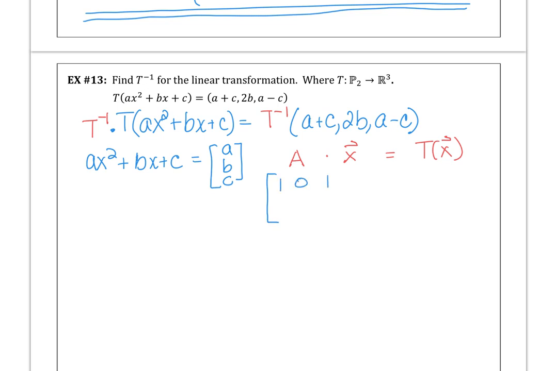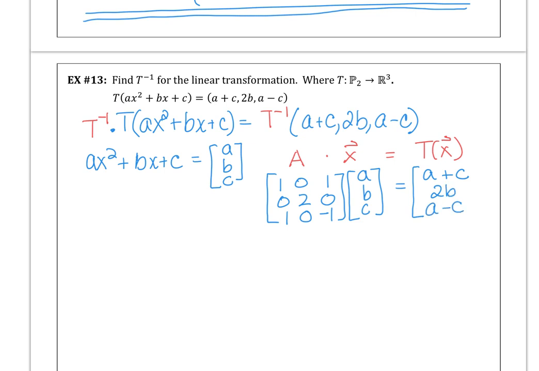A is 1, C is 1, there's no B. Then in the middle we have 0, 2 for B, no C, 1A, no B, and a negative 1 for C, multiplying by our A, B, C. So using matrix operations, A plus C is row 1, 2B is row 2, and A minus C is row 3. So we took that from the given information there.